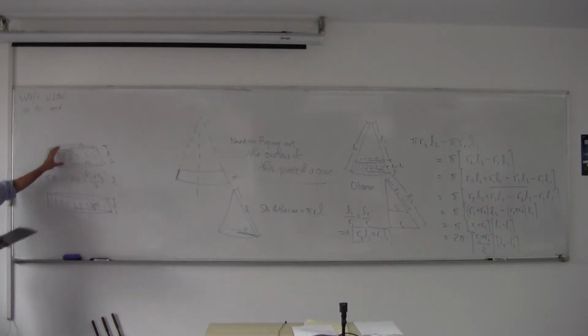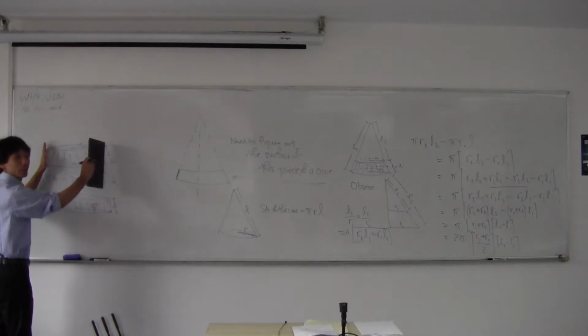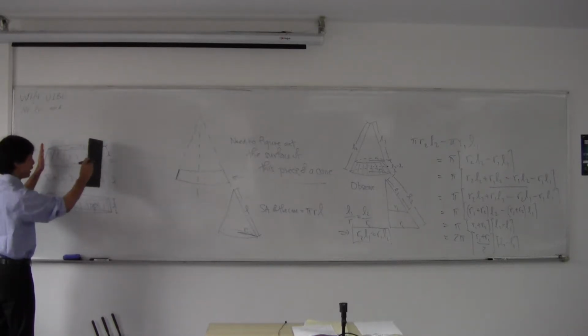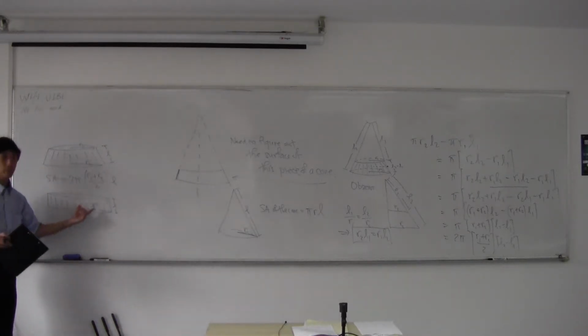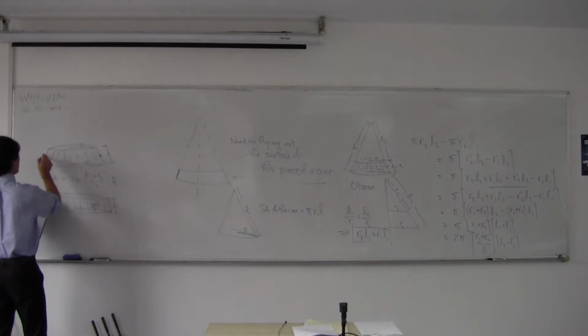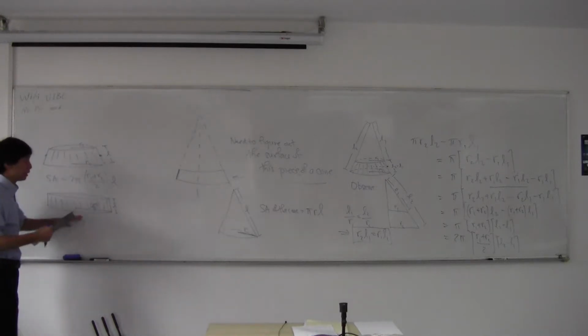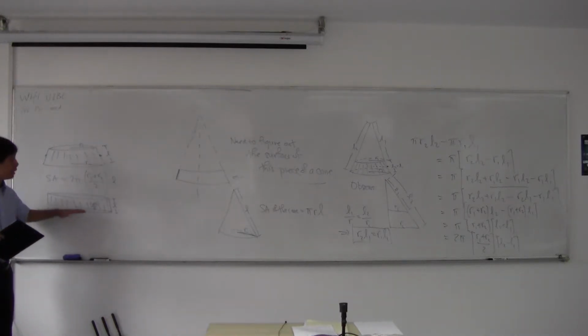So the area of this is the same as if we took this thing and straightened it out. We straighten it out, we get this thing, and the surface area doesn't change. If we took the middle point and just pulled it this way somehow, then the surface area doesn't change, and the surface area of this object is the same as the surface area of the cylinder.